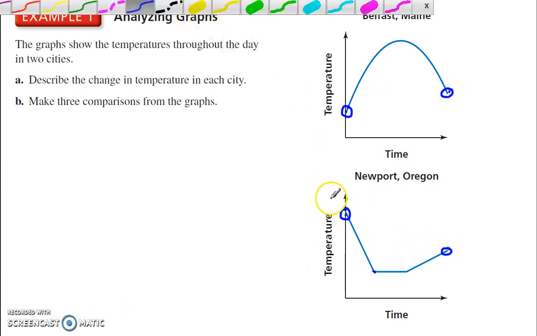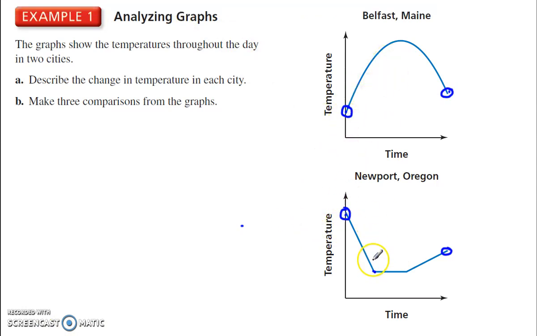And Maine's graph is non-linear, whereas Newport has 3 sections that are linear. So from this point to this point, that is a linear section. From that point to this point, that's a linear section. And then the last part is a linear section.